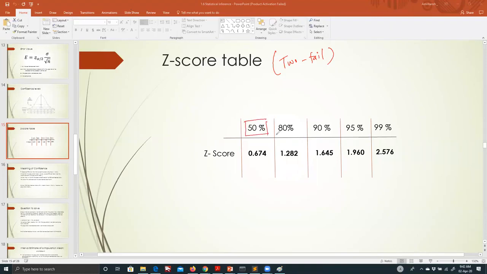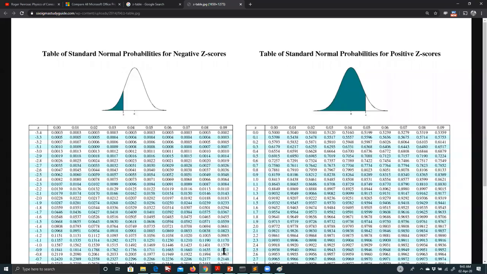Let's start with the 80% we just got. It was 1.28, although of course there is also the two, but I told you we cannot calculate it, so let's not worry about that. Let's check it out for the middle 50%. How would we get the middle 50% from this chart? I just told you a simple trick. Do not think of it as 50%. If you're dealing with 50%, alpha by 2 will be 0.25, so look for 0.25. If alpha is 0.25, the rest of the area is 0.75.